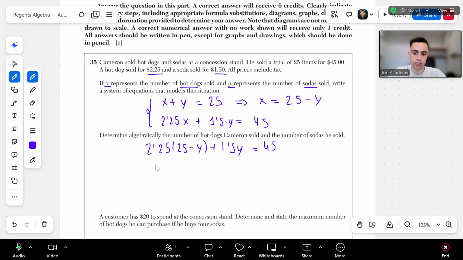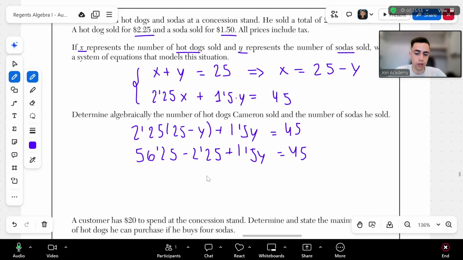We are going to distribute the bracket. This is going to be 56.25 minus 2.25y plus 1.5y that was there already equals 45. Now we are going to group the y's into one side, no?